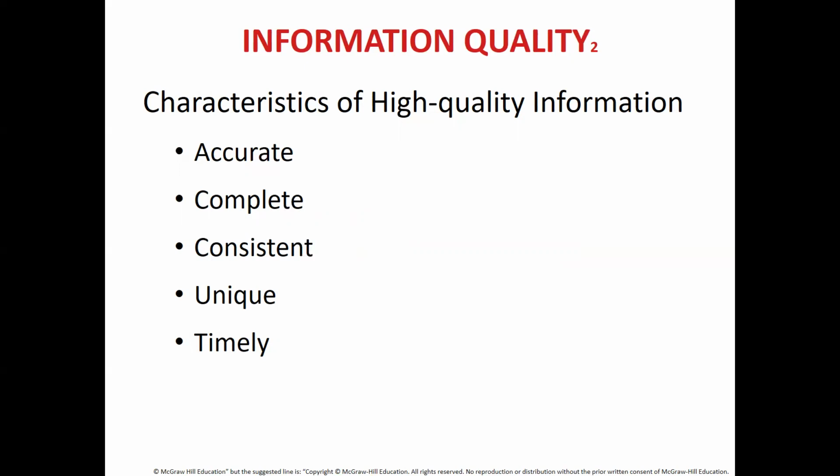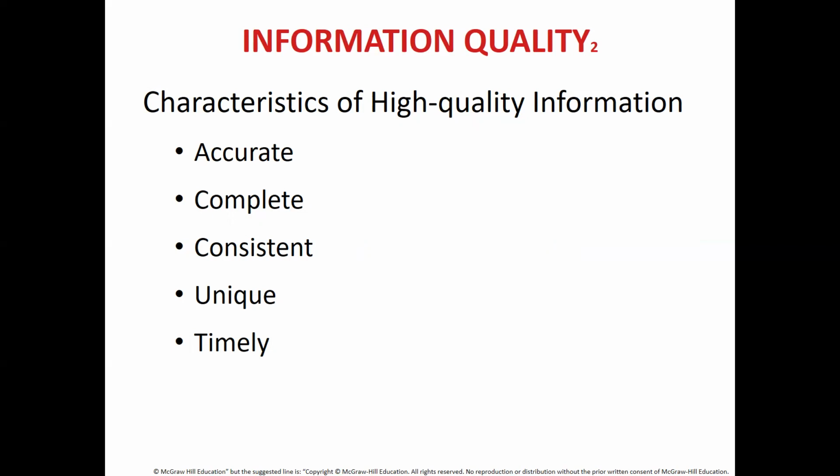In other words, if you have information presented in terms of numbers, all the information needs to be in terms of numbers. If you have dates in a specific format, the rest of the information within the database needs to be in the very same format.